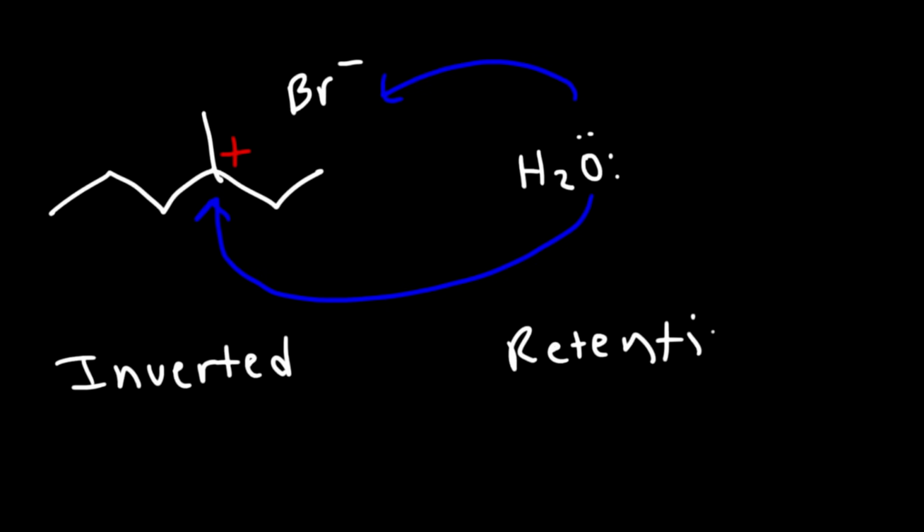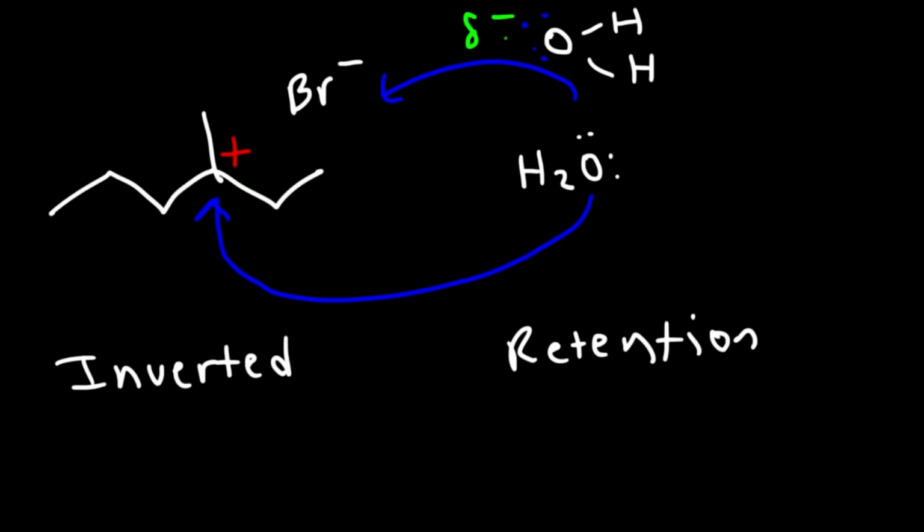Now, there's nothing really stopping it from attacking in the back. Now, there is something that prevents it or slows it down from coming in the front, because when water comes in, the oxygen atom will be the one that's being pulled towards the carbocation. The oxygen atom has a partial negative charge, and so it's attracted to the carbocation, or the carbon with the positive charge.